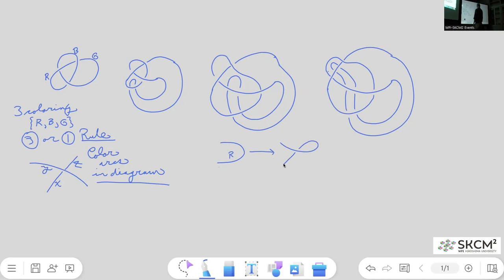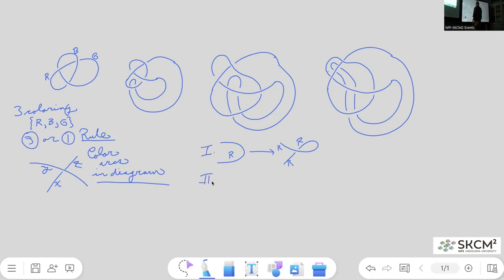What I have in mind is that I want to keep red here and red here, where it might be touching some other part of a larger diagram, and still color everything in here. There's no problem at all. I just leave it as it is. It's red, and that's one color at a crossing, so one works. Good. So that's Writhe move number 1.